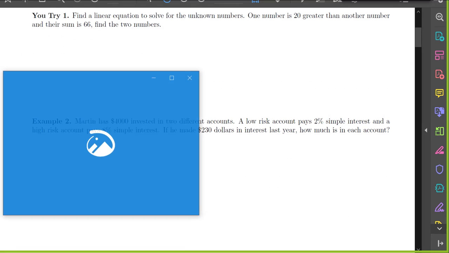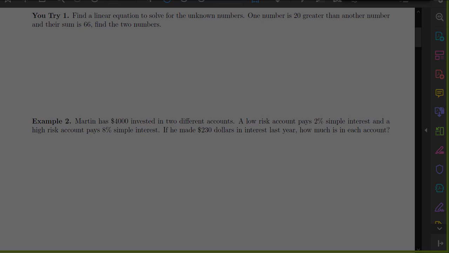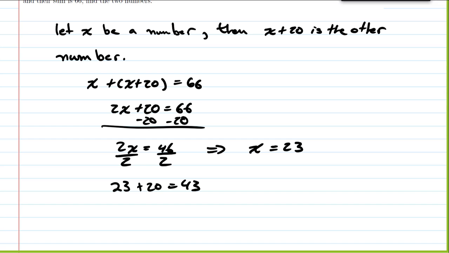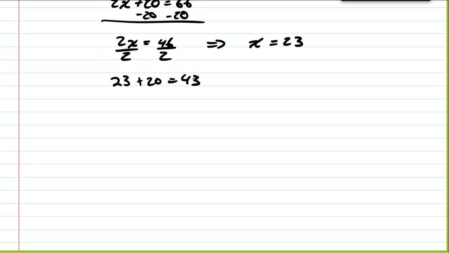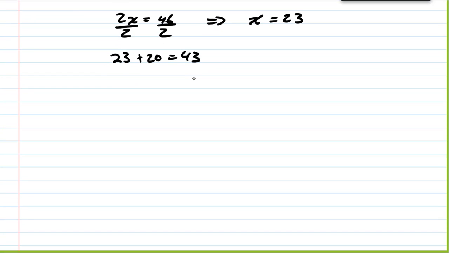So let's move on to our next example. So before we get started on this example, we do want to talk about a model, and that model is called simple interest.